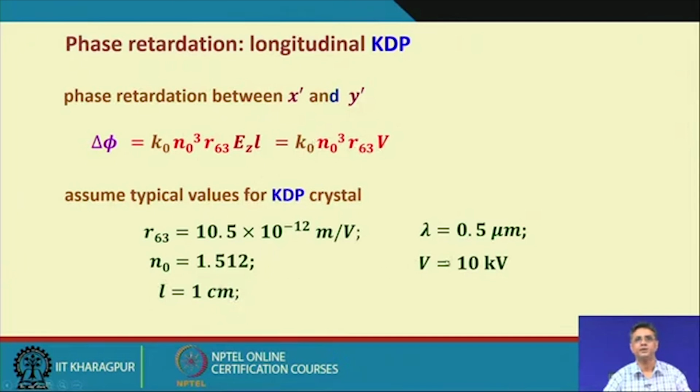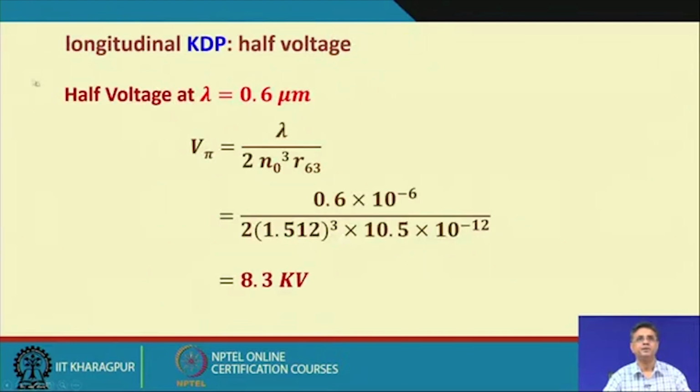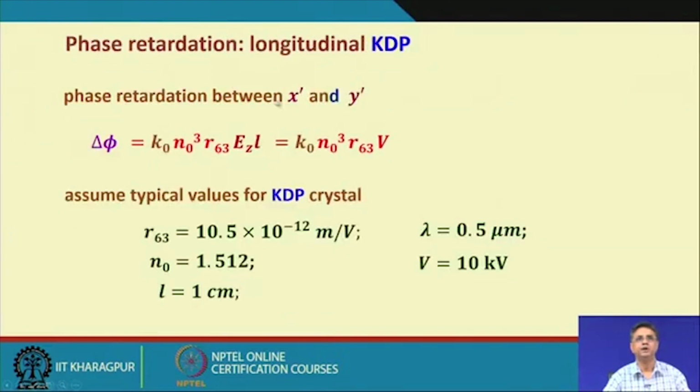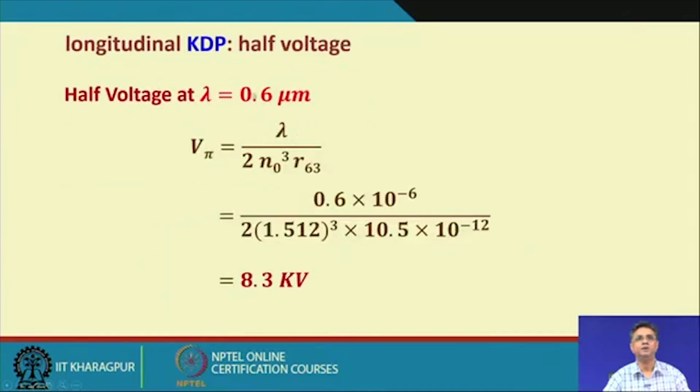So, the voltage is 10 kilovolt, lambda 500 nanometer. Then the half voltage for lambda equal to 5, but here we have used lambda equal to 6.6 micrometer, this V pi will be equal to 6.3 kilovolt, and that we have seen also earlier.